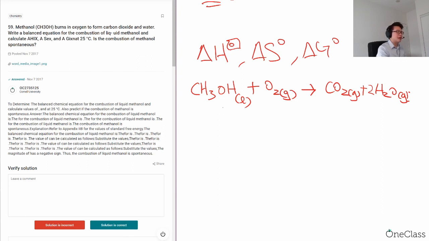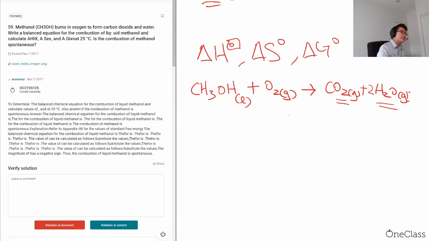Okay, so on the right, we have 4 oxygens. On the left, we have 3 oxygens. So we have 2 from carbon dioxide, and then 2 from water. And then on the left, we have 1 from methanol, and then 2 from our oxygen. So we have 3 on the left and 4 on the right.